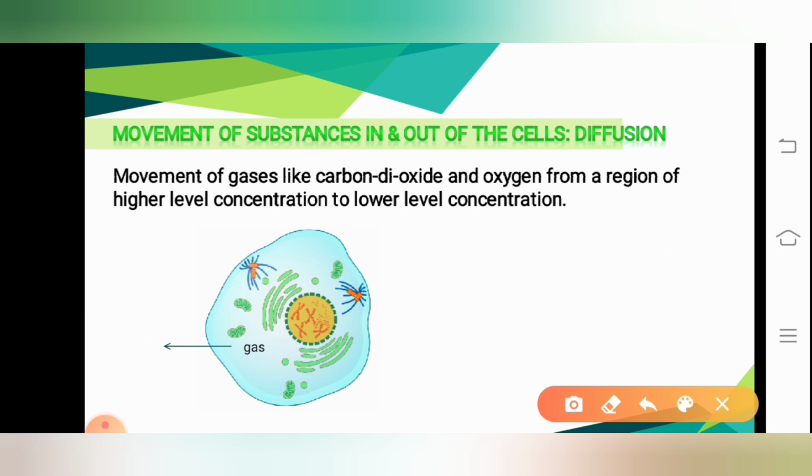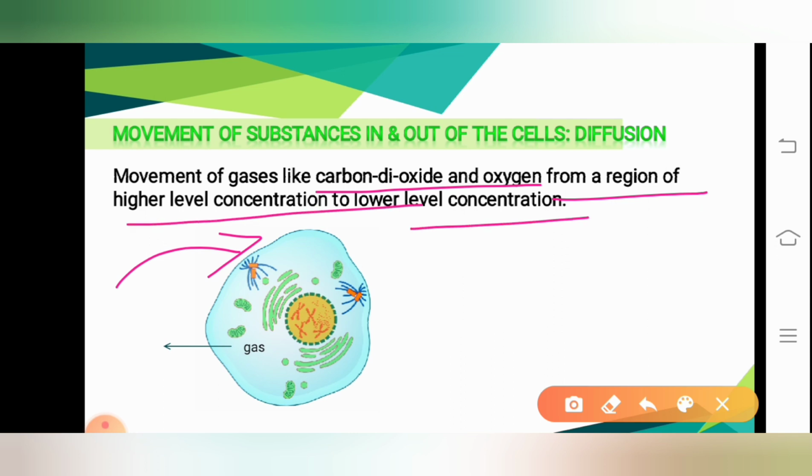So here, suppose gases like carbon dioxide and oxygen are present in the environment. These gases enter into the cell from the region of higher concentration to the region of lower concentration. Take an example: suppose oxygen is present in the environment at a higher rate and oxygen inside the cell is at a lower rate.